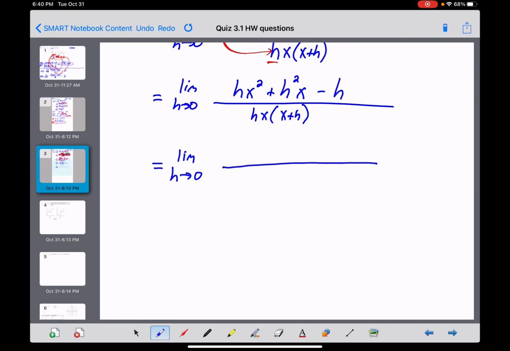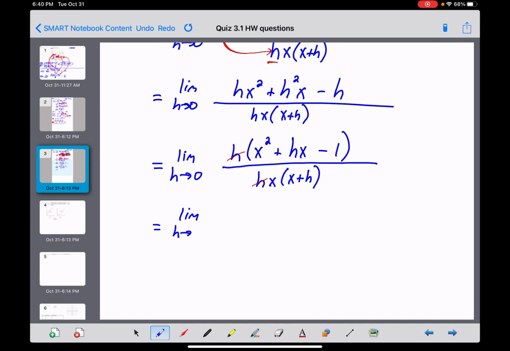So if you wanted to show this step in a slick, sloppy way, that's fine, but I'm going to factor out the h, and that's going to leave me with an x squared plus, there's still one h there, hx minus 1 all over h, x, times x plus h. And finally now, this h in the numerator and this h in the denominator cancel each other out. And that was the problematic factor in the denominator that we needed to deal with.